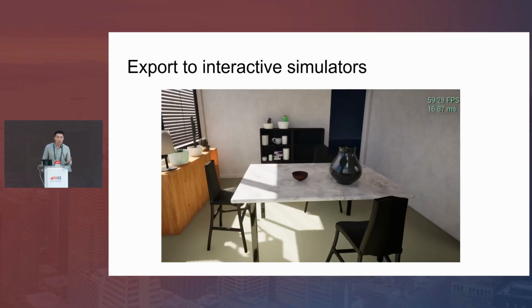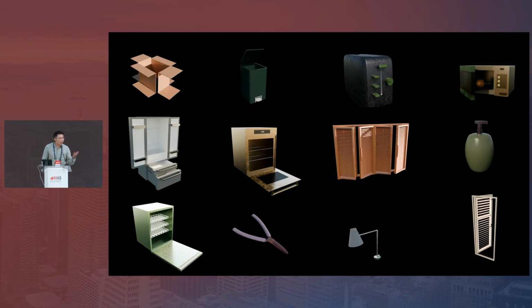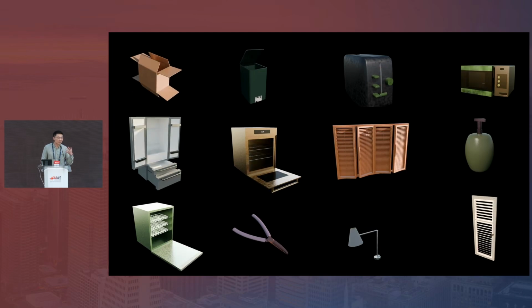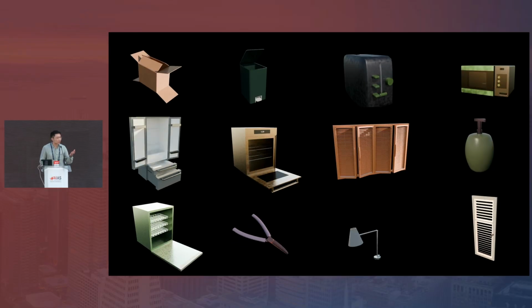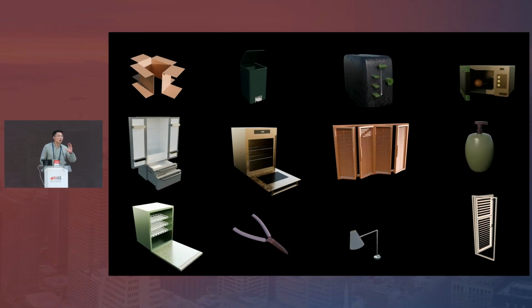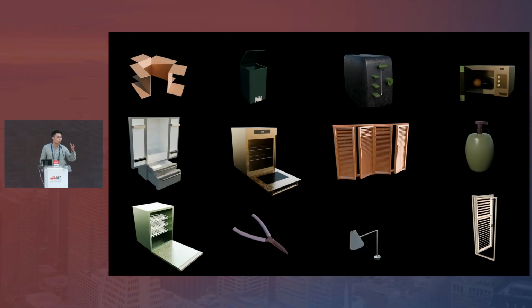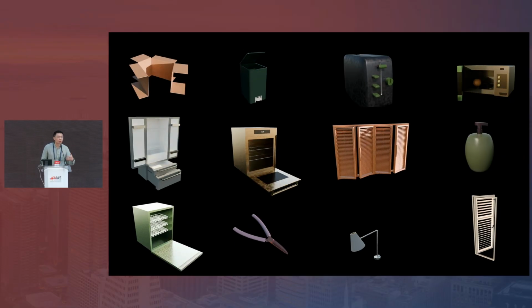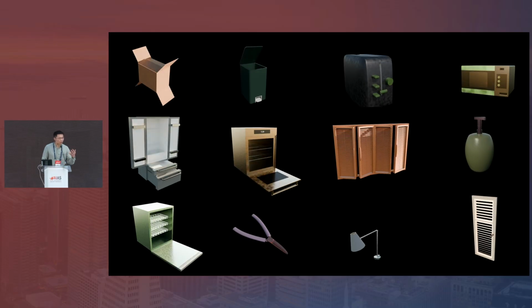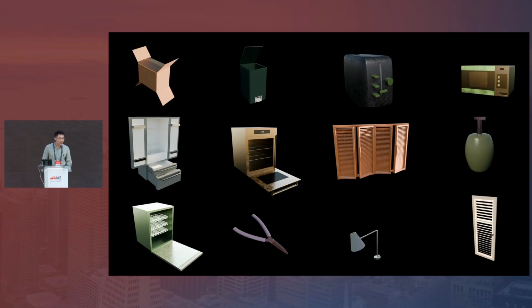And for that particular use case, we have done additional optimization. We have introduced articulated simulation-ready assets. So here's a list of examples. So you have appliances or devices in your home that have particular articulation. And so you want these to be simulatable in a simulator so that you can use them to train robots in the virtual environment.